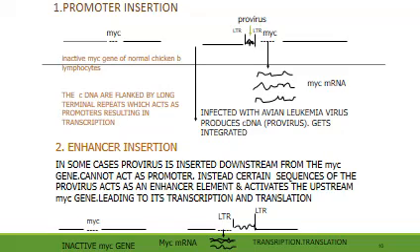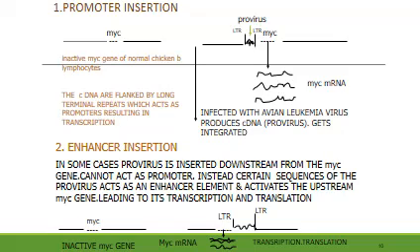Now what happens? It is infected with the avian leukemia virus, and the avian leukemia virus produces a copy DNA. This copy DNA also gets inserted, not upstream, but downstream from the MYC gene.